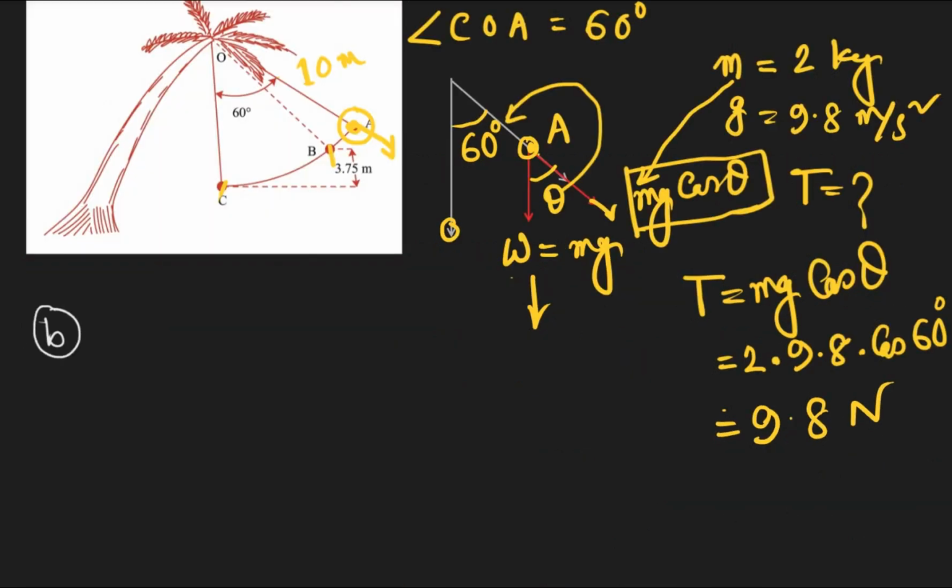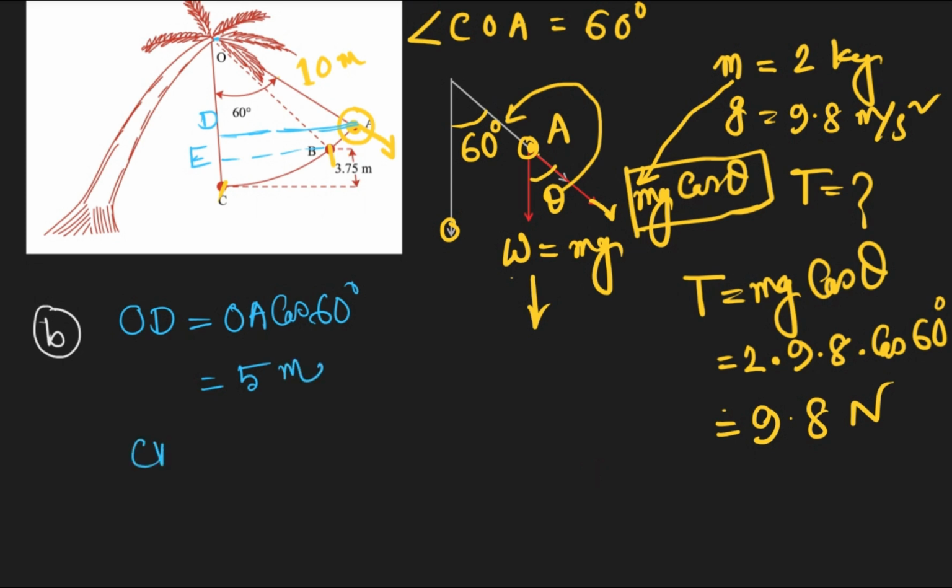For the solution, this is point O, and we have to draw this length. Let's say this is point D, and from B, let's say this is point E. Now OD equals OA cos 60 because angle D is 90 degrees, and from here we find the value of OD is 5 meter.